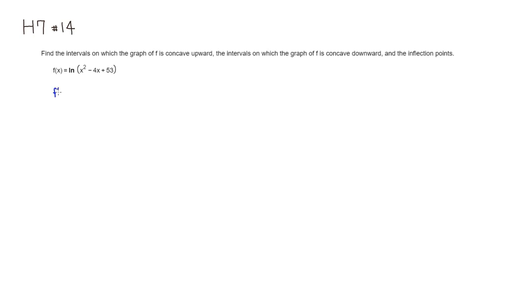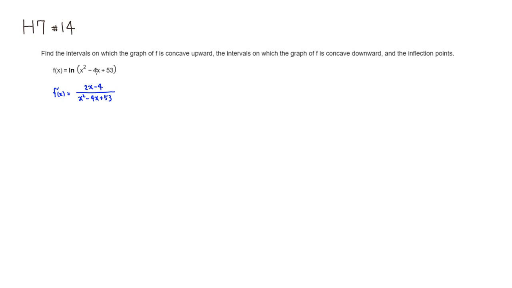So f prime of x is equal to... The derivative of natural log of something is pretty easy, because all you have to do is whatever is inside the natural log, put it on the bottom, and take the derivative of that and put it on top. So it's going to be 2x minus 4 over it.